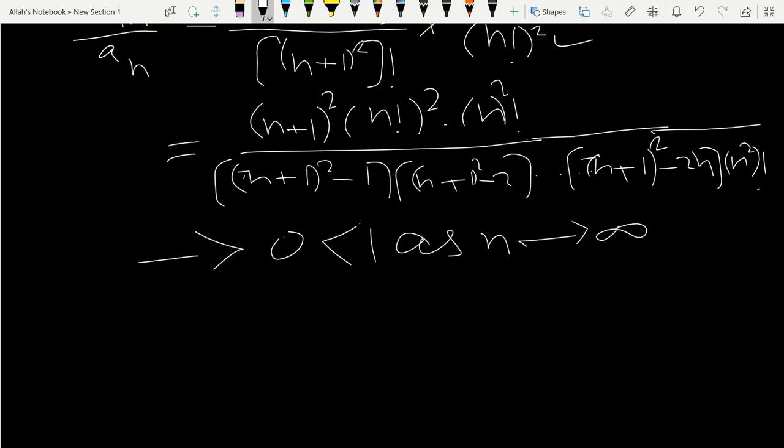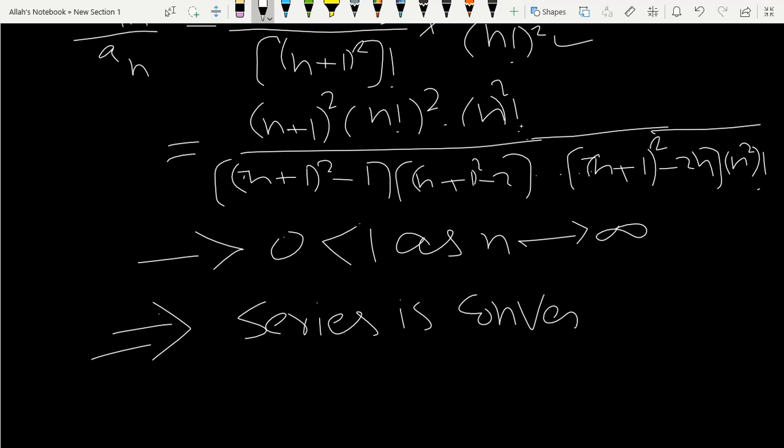Since it is less than 1, this implies that the series is convergent. The series is convergent. Okay, we take another example.